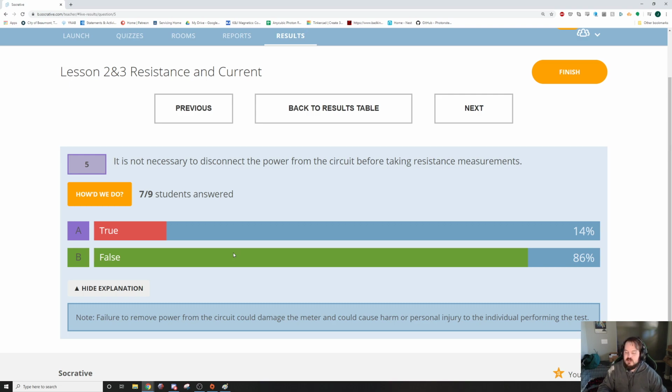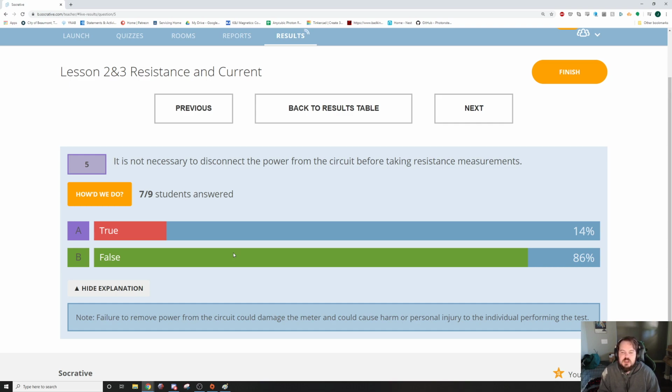The more... Oh, sorry. I bumped my mic. The more important thing to pay attention to is that you don't put the meter on the wrong voltage. Generally, that won't happen to you guys.